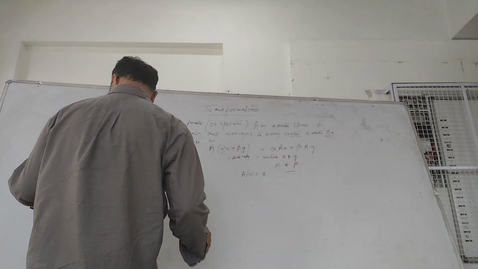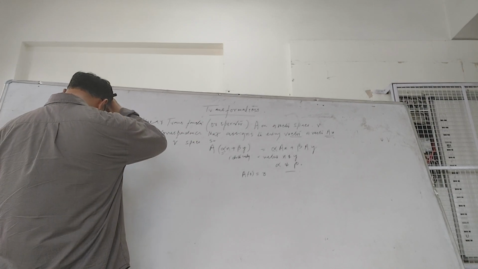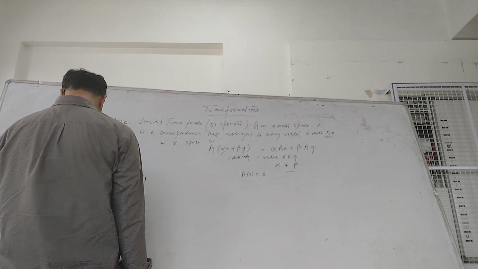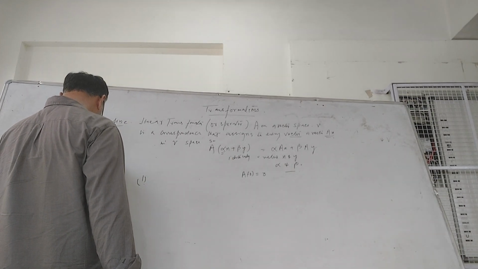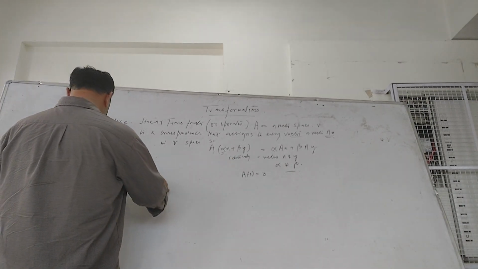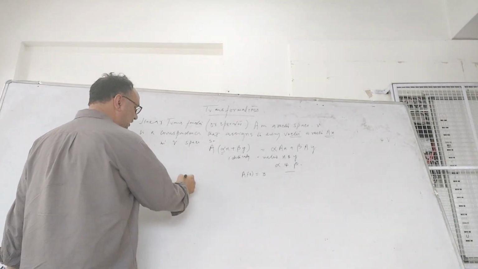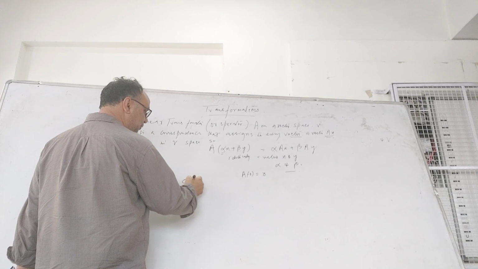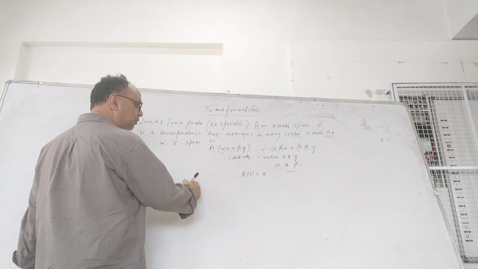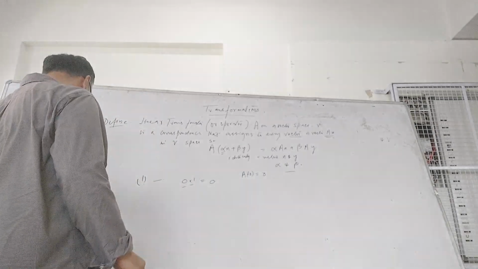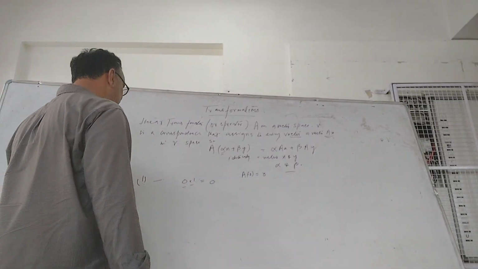So if we enumerate the simple properties of linear transformations, we can enumerate them as, for example, you can always have a number, for example, 0. If you have a transformation on that, that number will define it that way.